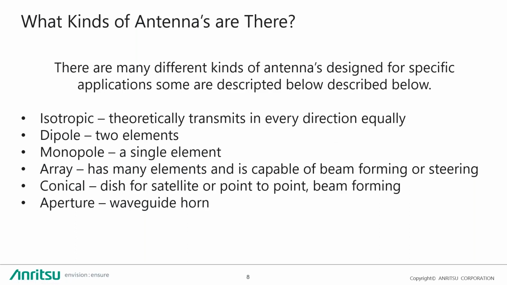Conical antennas are used in satellite applications and point-to-point. They're also beamforming. And then we have aperture antennas, which are waveguide horn antennas. You'll see those in a lot of different applications.